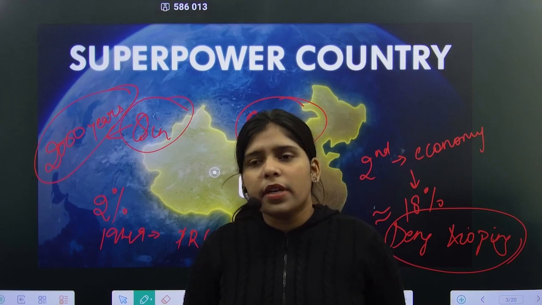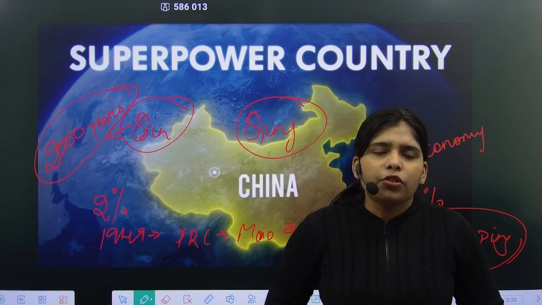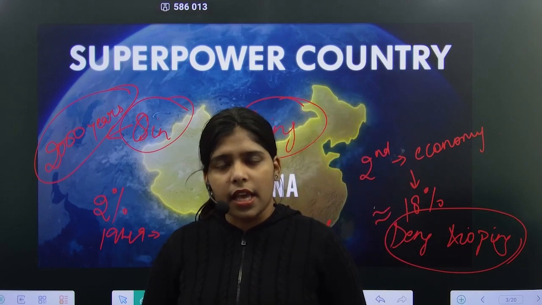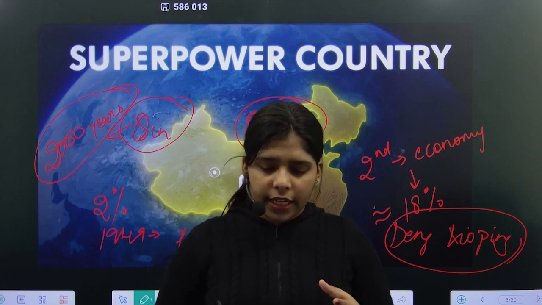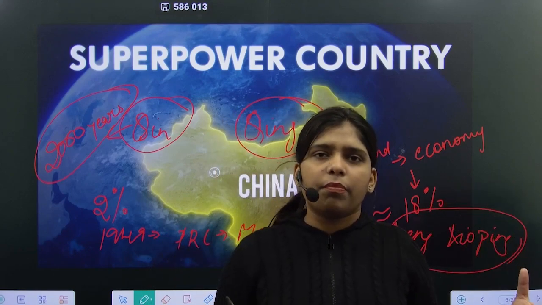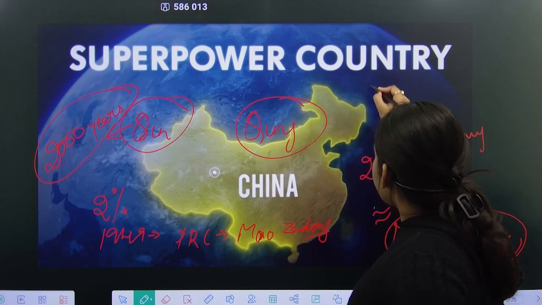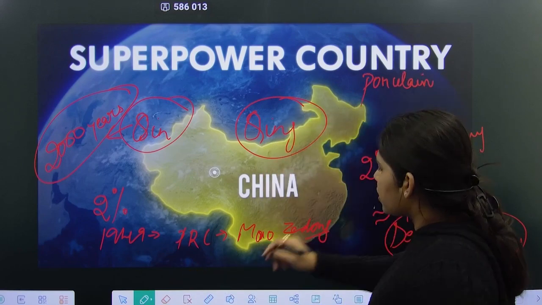But over time, we saw that when this colonization era started, Europeans had started showing a lot of interest in Asian countries. And that's how the interest went to China as well. If you see, the initial trade was happening between Europe or let's say Britain and China for Chinese porcelain. Trade was happening in Chinese porcelain.